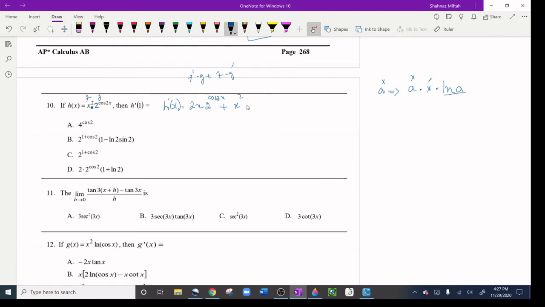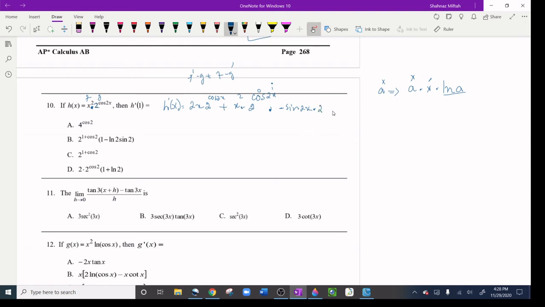So the derivative of g is 2 to the cosine 2x stays, times the derivative of that exponent, which is going to be a chain rule. That's outside, that's inside. So negative sine, keep the inside as it is, times the derivative of the inside, which is 2.